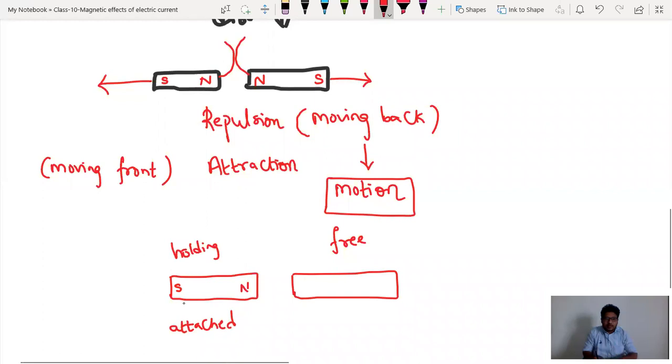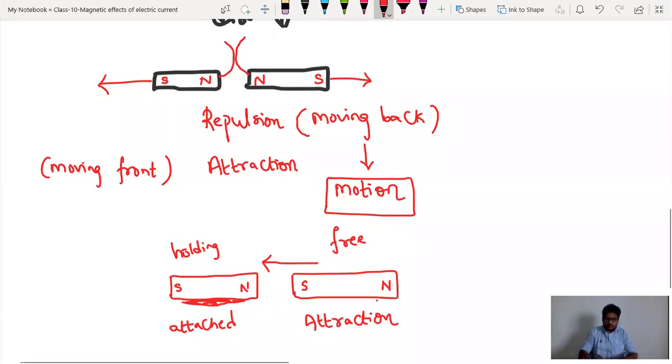Let us consider here we have kept some Fevikwik and stuck it to the surface. Now this magnet is free. Consider this is South Pole and North Pole. What will happen? Automatically this magnet will move forward. It will move front. Moving forward means there is attraction.